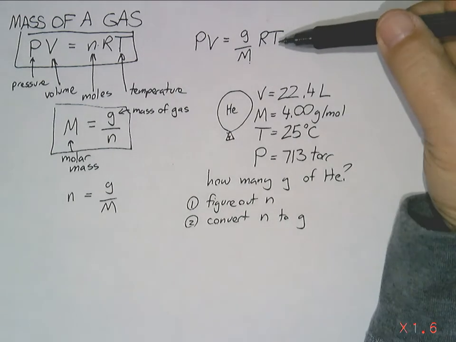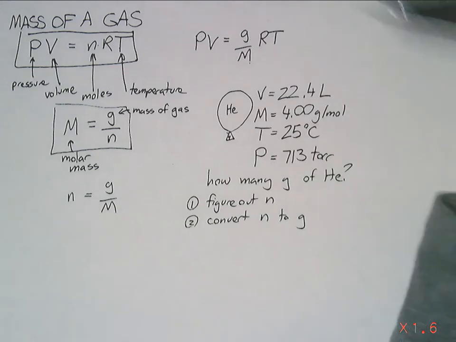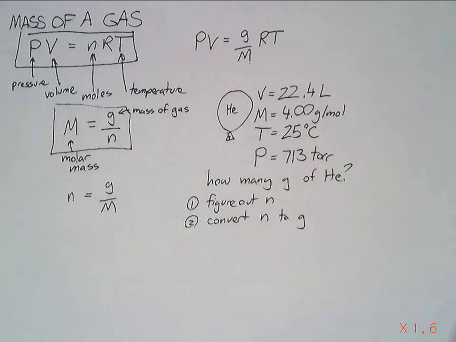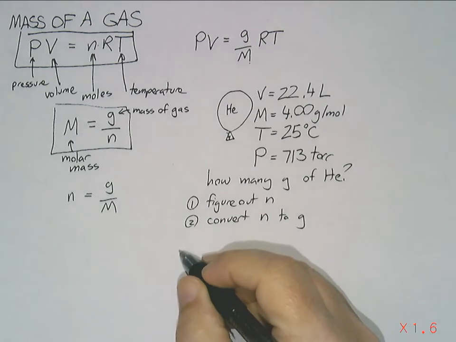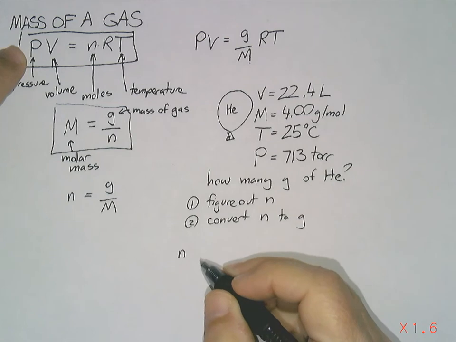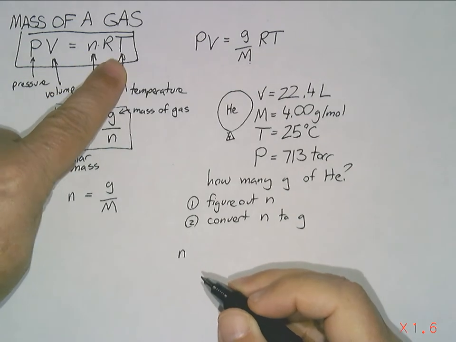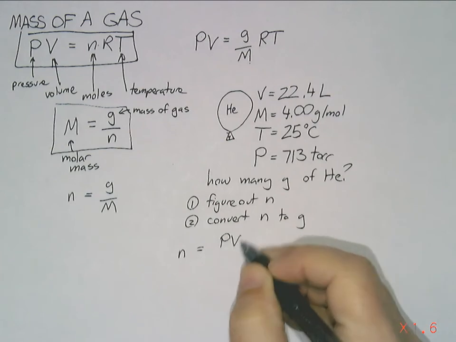Another way to do it would be just to plug in everything I know here and solve it for G. Let's do it this way. First, I'm going to figure out how many moles I've got. So I have to solve the ideal gas law for moles. Okay, there's moles. If I divide both sides by RT, that will do it for me.